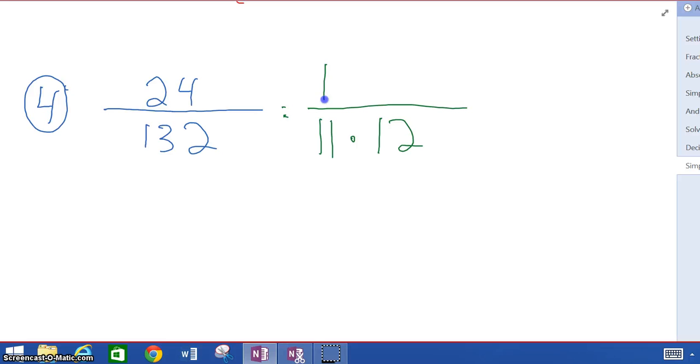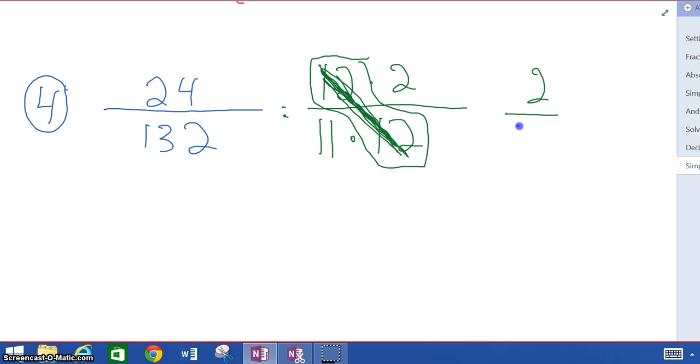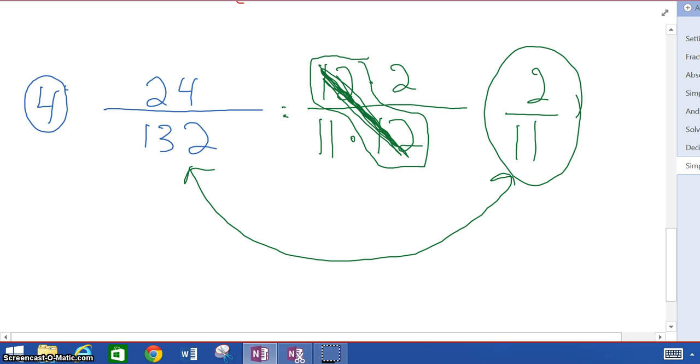Hopefully you recognize that's 12 multiplied by 2. This time my common factor is the 12. So that becomes a 1. And what's left is we have 2 over 11. Equivalent fractions, just in different form. My simplest form is 2 over 11.